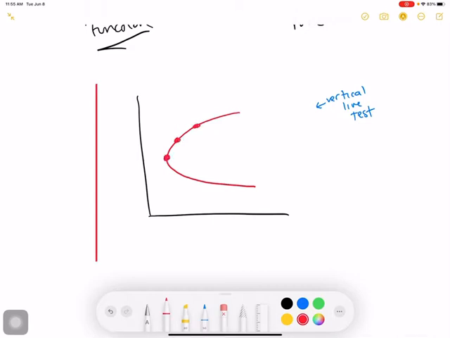This parabola has a lot of points throughout the line.